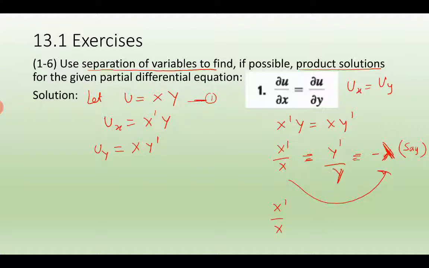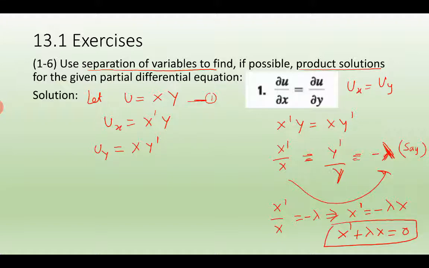X prime over X is equal to minus lambda, which gives X prime is equal to minus lambda X. Taking it to the left side, X prime plus lambda X is equal to 0. This is a first order differential equation whose solution is known. The solution X, capital X as a function of small x, is c1 times e raised to minus lambda x.